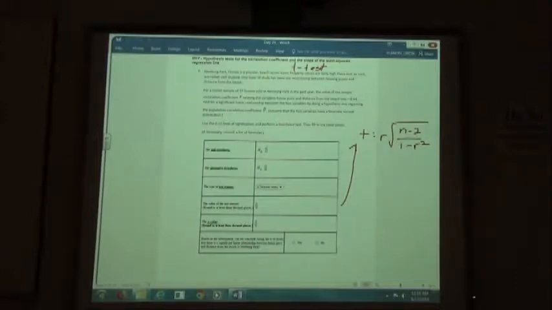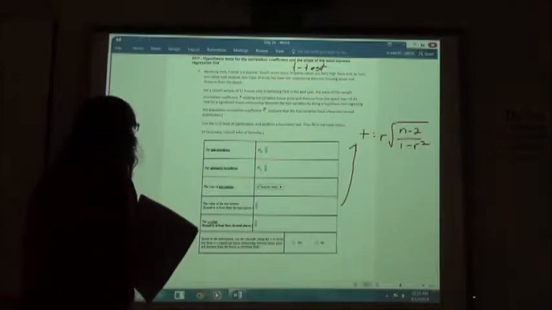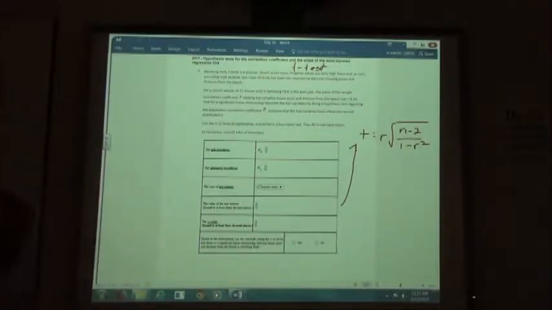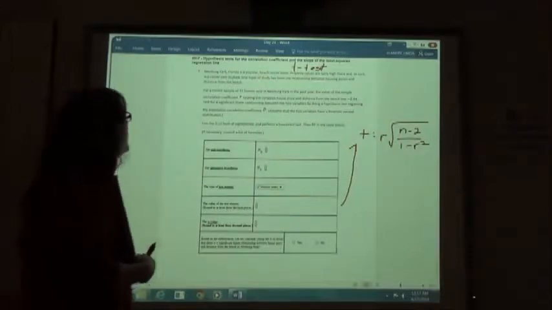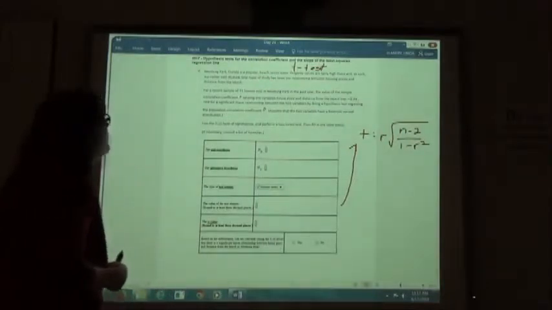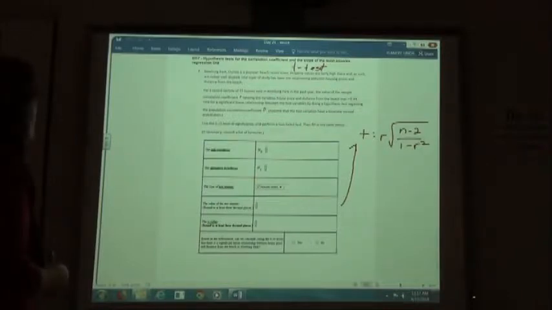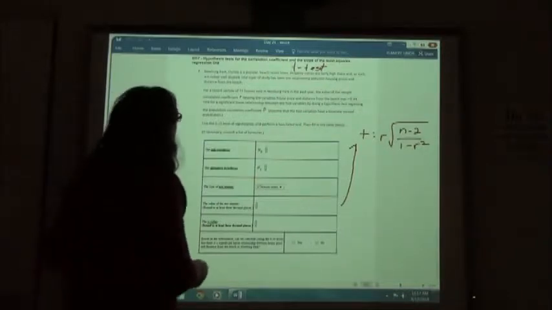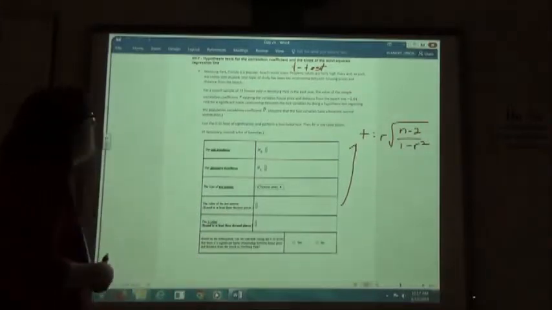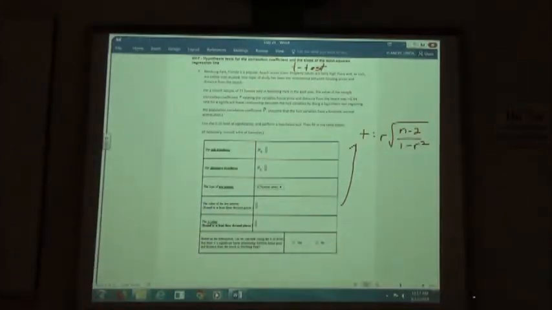First of all, we have to figure out our null hypothesis and our alternative hypothesis. Newburgh Park, Florida is a popular beach resort town. Property values are fairly high there, and as such are rather well studied. One topic of study has been the relationship between housing prices and the distance from the beach.